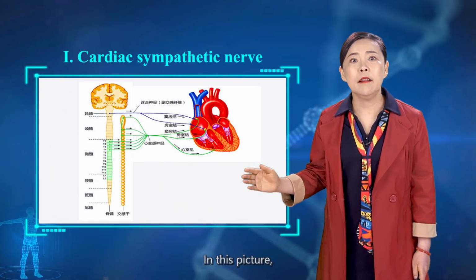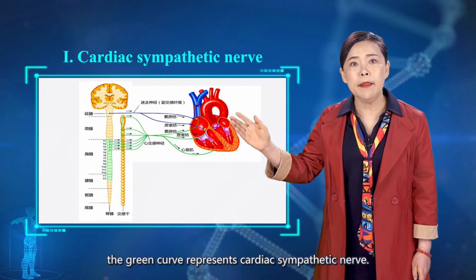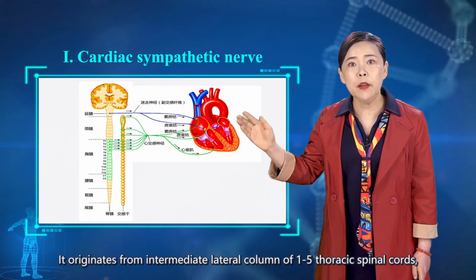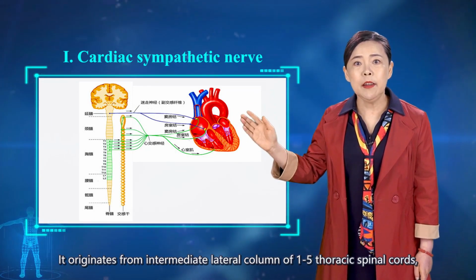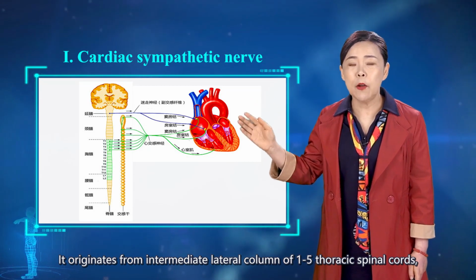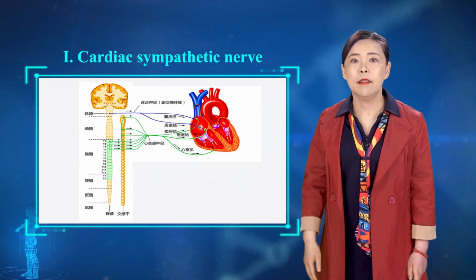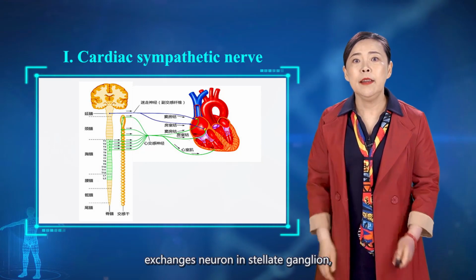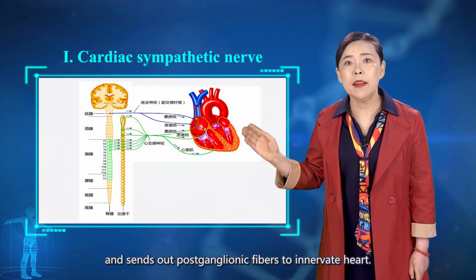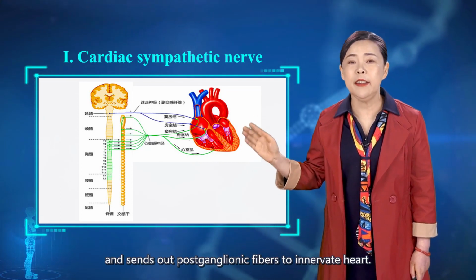In this picture, the green curve represents the cardiac sympathetic nerve. It originates from the intermediate lateral column of the 1st to 5th thoracic spinal cord segments, exchanges neurons in the stellate ganglion, and sends out post-ganglionic fibers to innervate the heart.